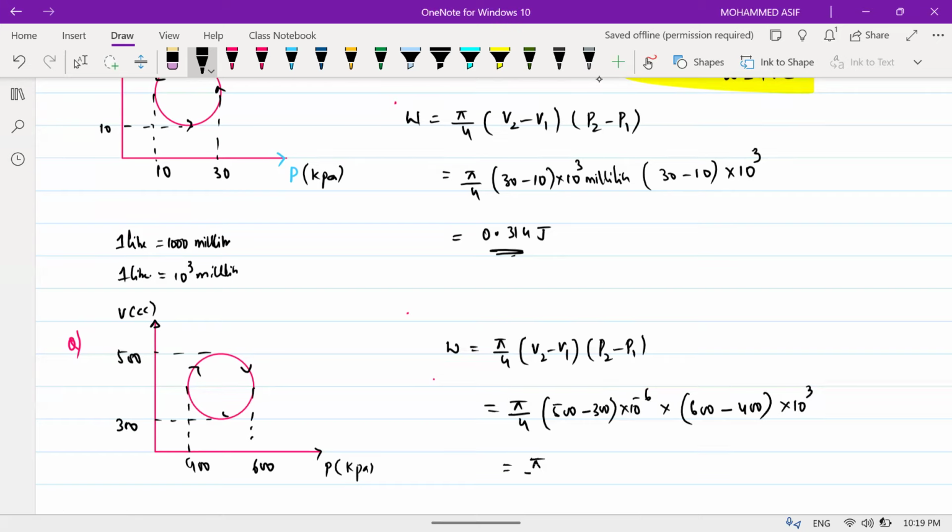That is equal to pi by 4 into 200 into 10 power minus 6 into 200 into 10 power 3.